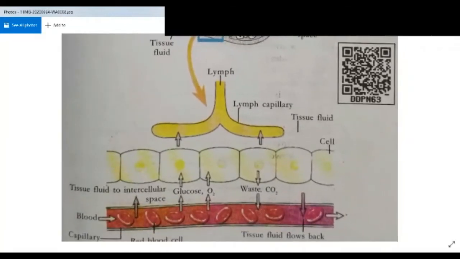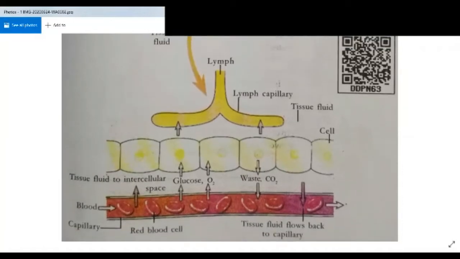You can see from the blood, what is given to the tissue fluid. You can see an arrow: glucose and oxygen from the blood is moving to the tissue fluid, and from the tissue fluid it is moving to the cell.